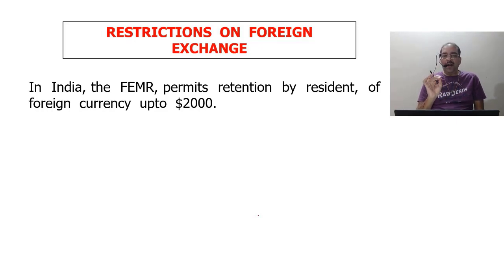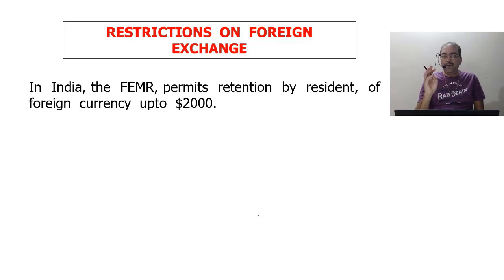Income on assets held abroad. You are having a fixed deposit in a foreign bank, or you are having a house property on which you are receiving rent. So, all such incomes that you are going to receive in foreign currency should be surrendered to an authorized dealer within 7 days.